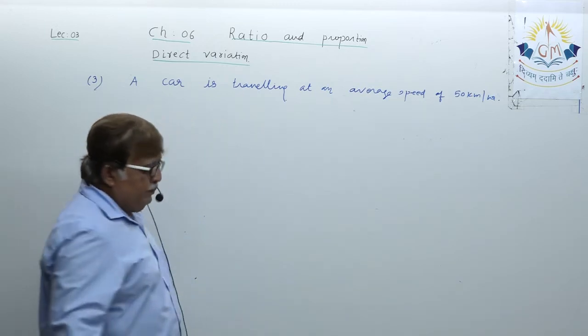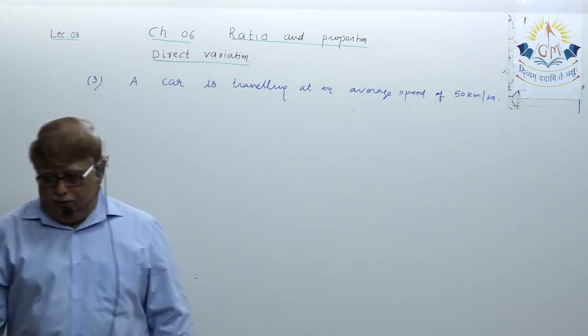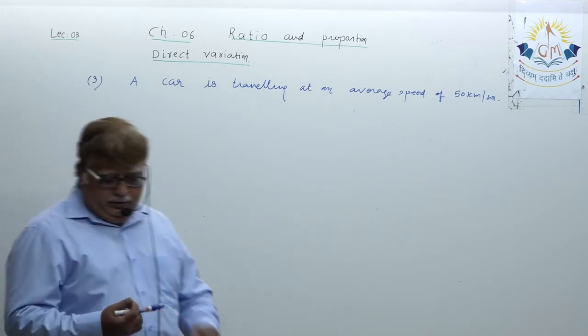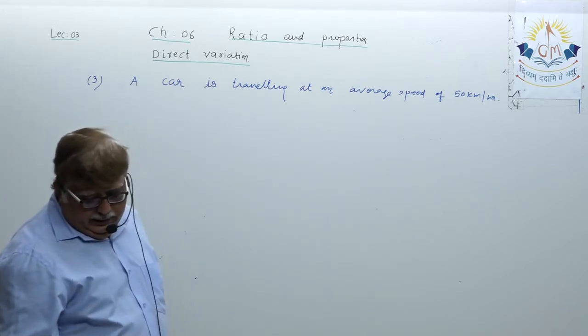Note down. A car is traveling with an average speed of 50 kilometers per hour.